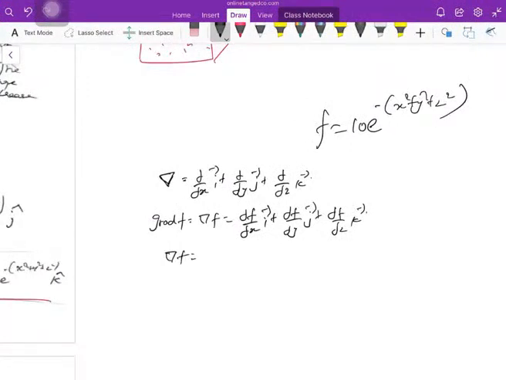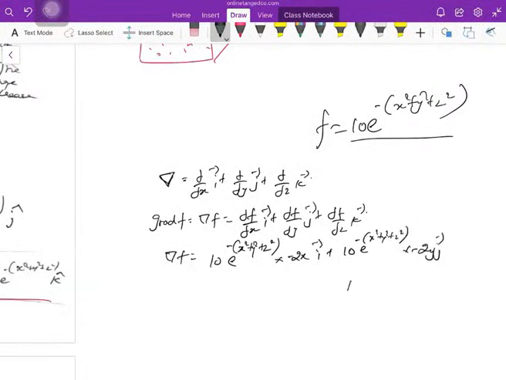Del f is dou f by dou x, so dou f by dou x of this is 10 e power minus (x squared plus y squared plus z squared) into, with respect to x, minus 2x, into i vector, plus the same 10 e power minus (x squared plus y squared plus z squared) into minus 2y j vector, plus 10 e power minus (x squared plus y squared plus z squared) into minus 2z k vector.